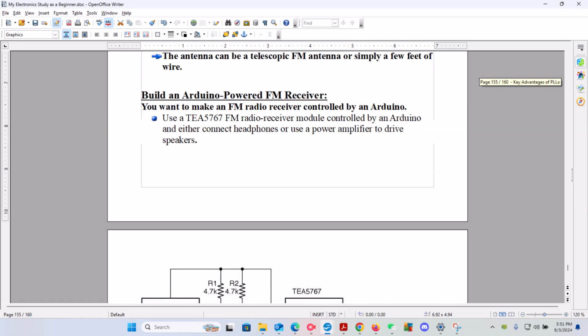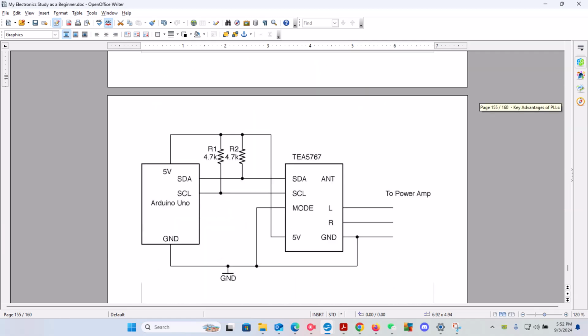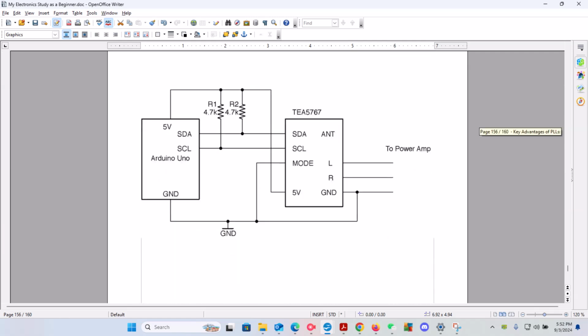Because you have very low sound output, the amplifier will take and amplify the sound. Here's a basic schematic of what we're dealing with, and again, just as good form, we want to look at the major parts of the schematic first, then look at the supporting parts second.